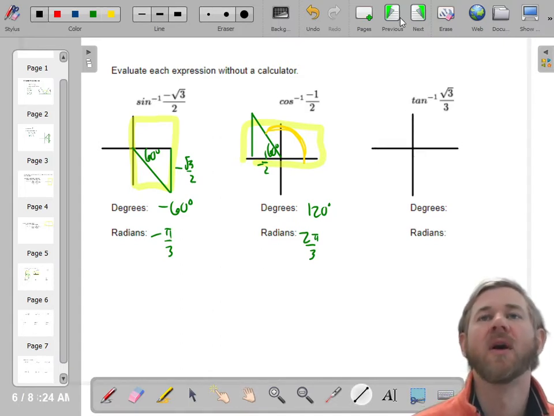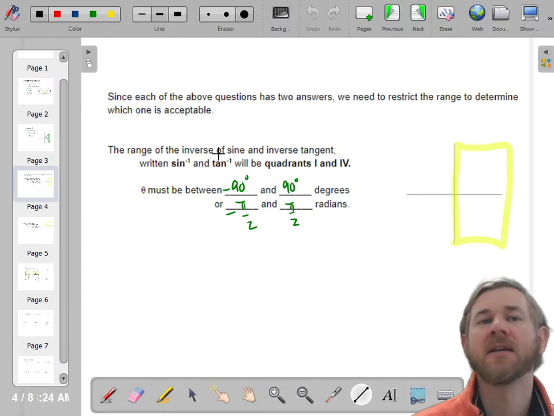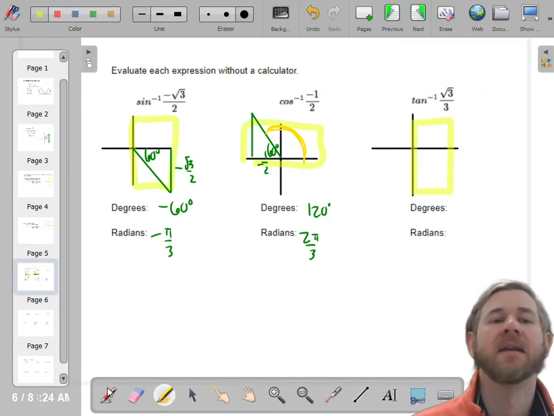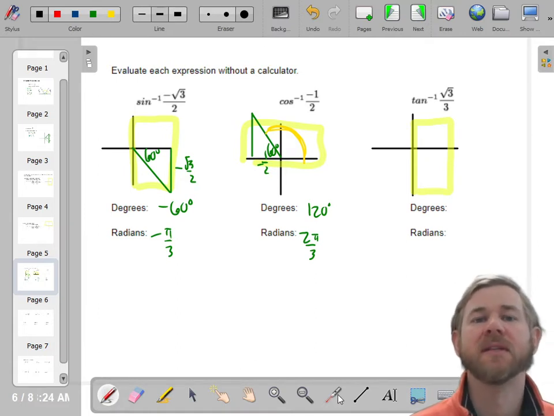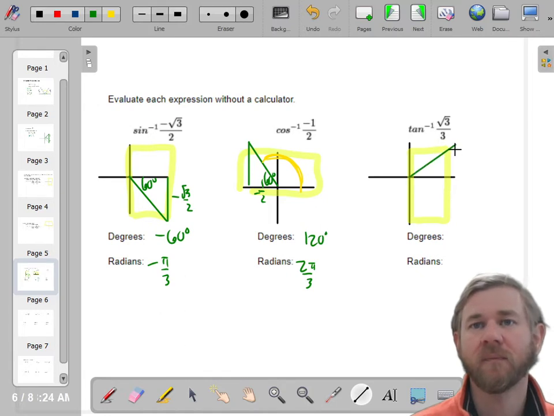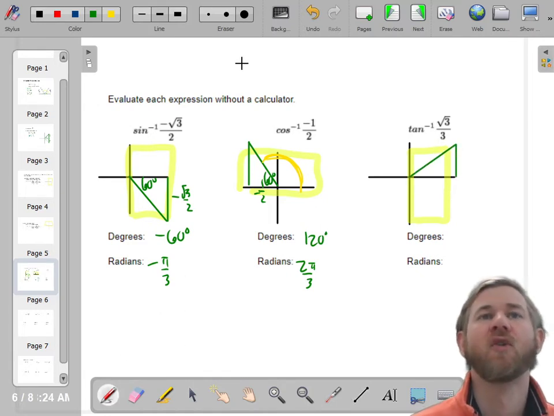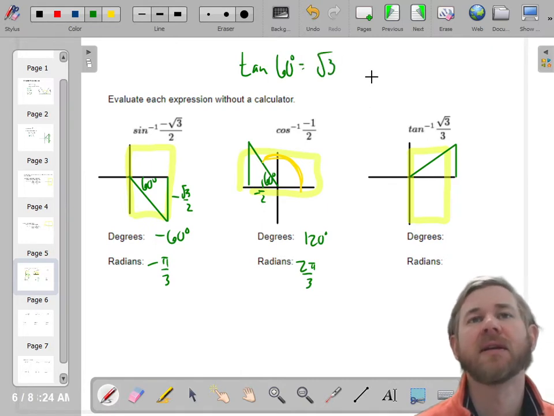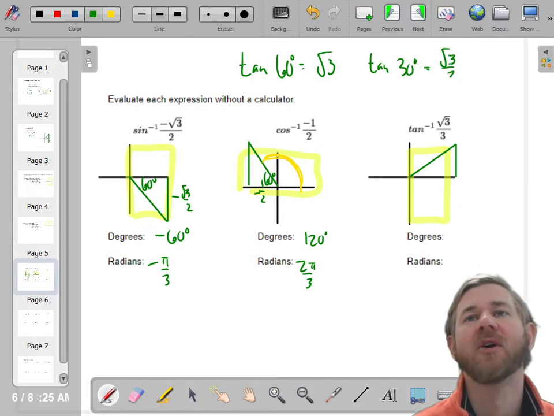So we said before, inverse tangent is going to follow sine in that it's always going to be on the right side. And you hopefully can just remember this, but tangent's positive in the first quadrant. And we've talked about this before, but I'm going to say it again. The tangent of a 60-degree angle is radical 3, and the tangent of a 30-degree angle is radical 3 over 3.